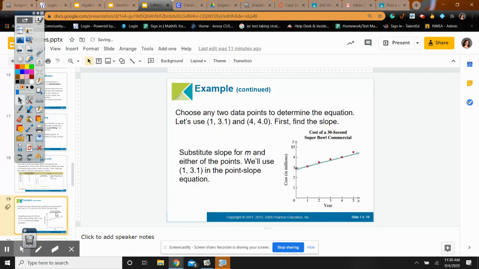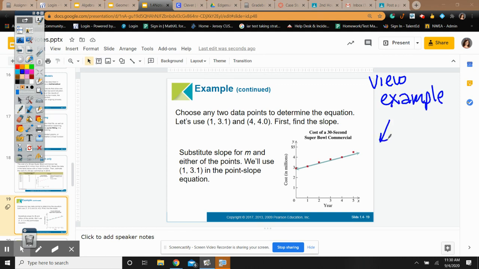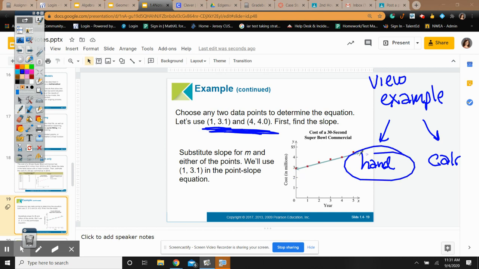So on your homework, they're going to have you do this two different ways. You might want to view an example sometimes to see if they want you to do it by hand or if they want you to do it by your calculator. Now, if you do it by hand, all you have to do is pick 2 points, like they're doing here. This is the hand method.